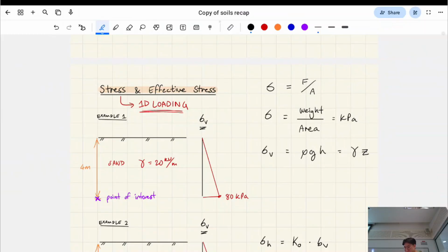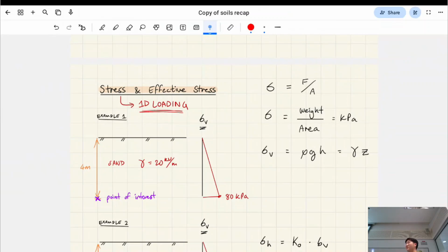So as you know, stress is the force divided by area. That's just the general concept. So it's about a force that's spread out over some area. In the context of soils, the first type of stress you learn about is axial stress, usually in compression, because when you step on soil, you're compressing it.